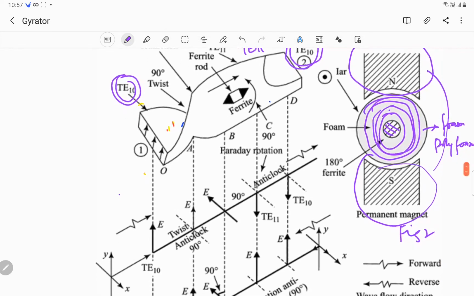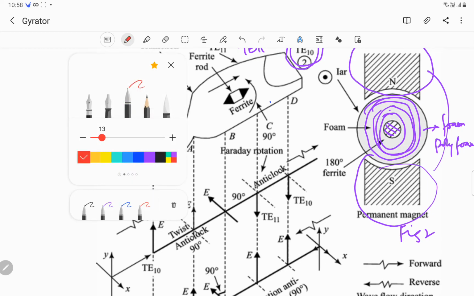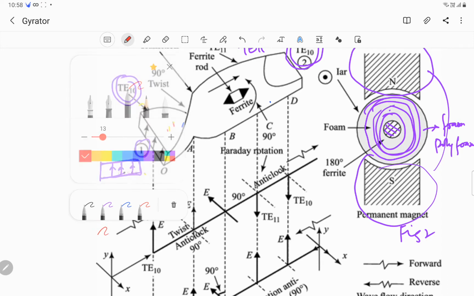Now what happens is that when a wave enters this port 1 with vertical polarization, this is the electric field here at port 1. The wave is polarized as shown here.